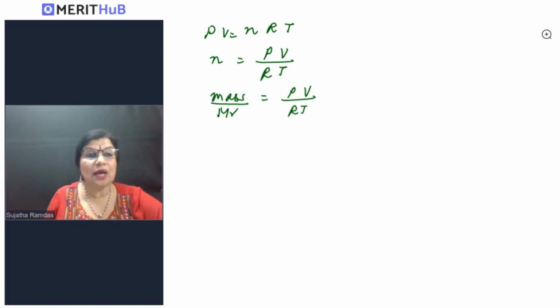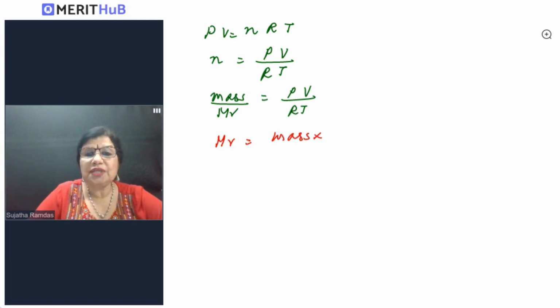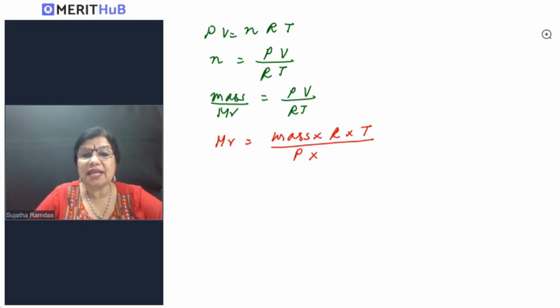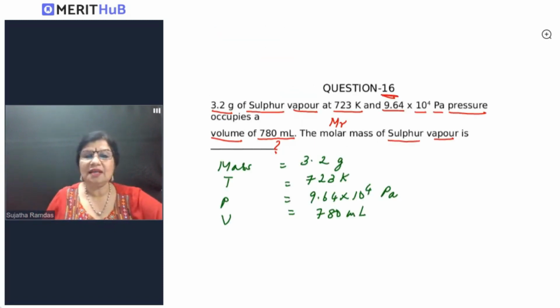And now let's write down the formula to get molar mass. So molar mass is equal to mass into the universal gas constant R into the absolute temperature divided by pressure into volume.